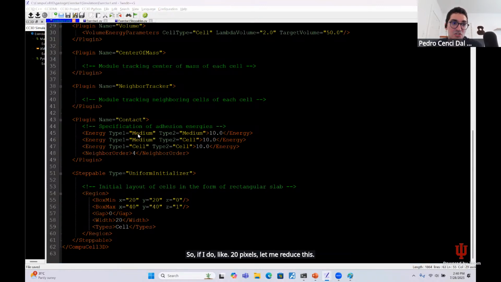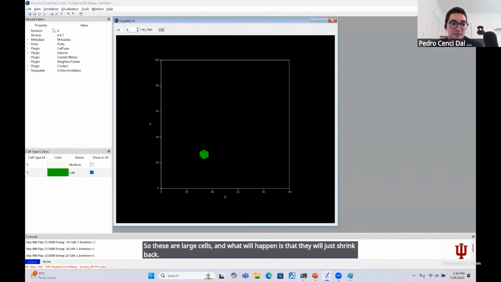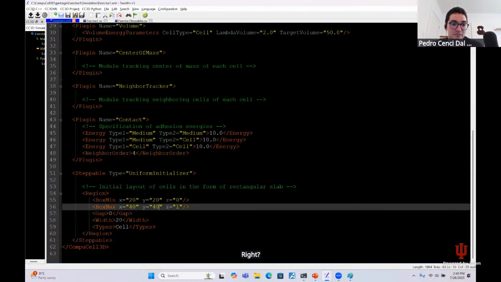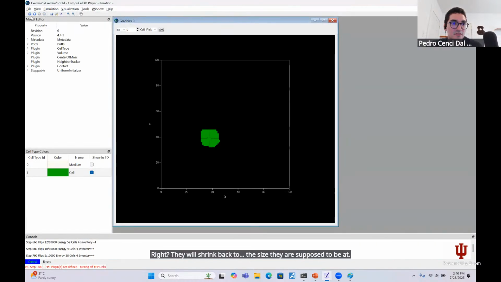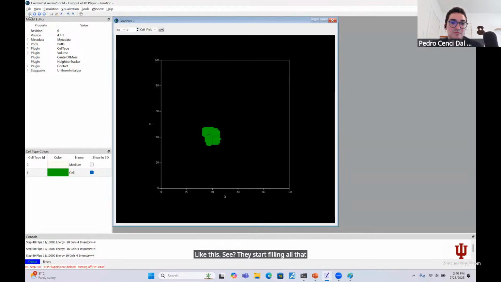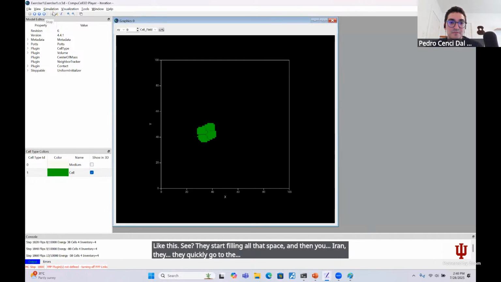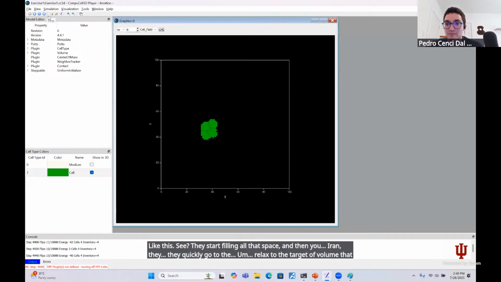So these are large cells, and what will happen is that they will just shrink back to the size they are supposed to be at, like this. See? They start filling all that space, and then they quickly relax to the target volume that you specified. Is that clear?